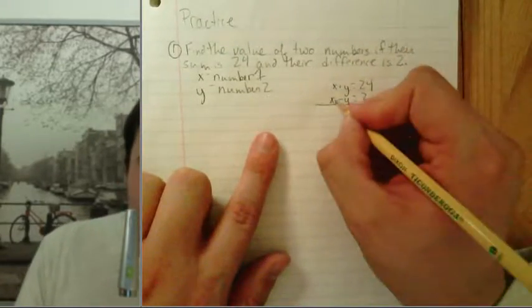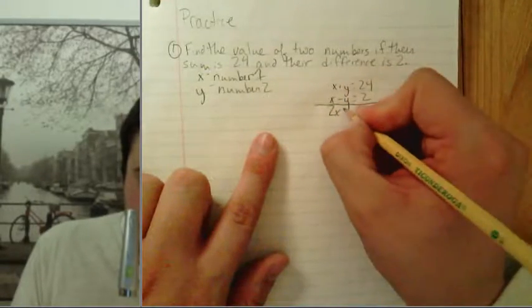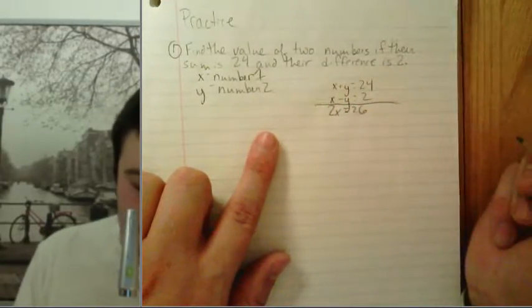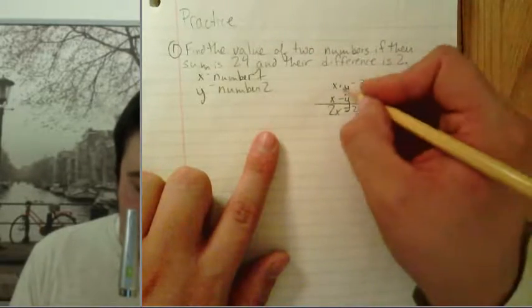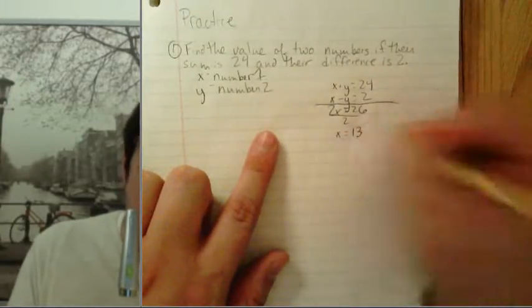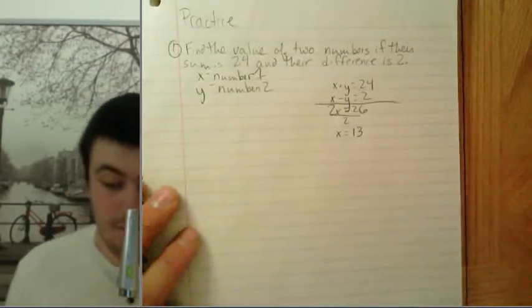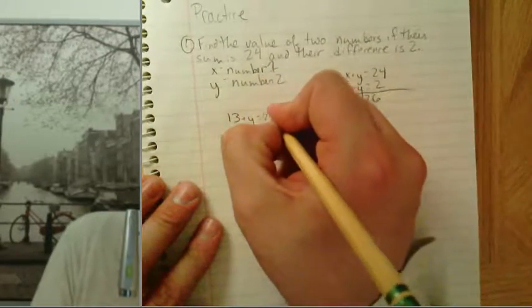We do our system of equations with elimination, and we see that 2x, our y's eliminate, equals 26. When we divide by 2, we get that x equals 13. We plug it in: 13 plus y equals 24.